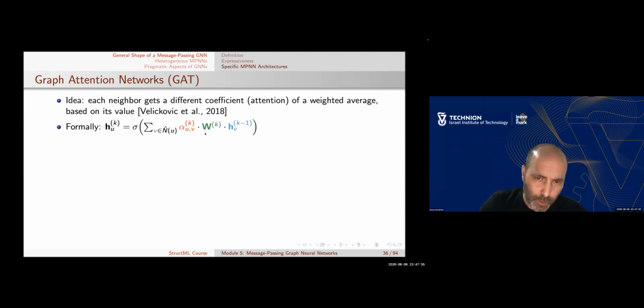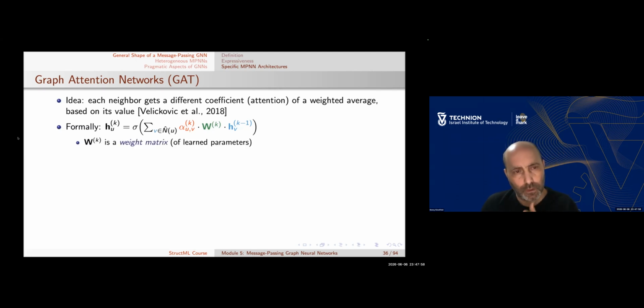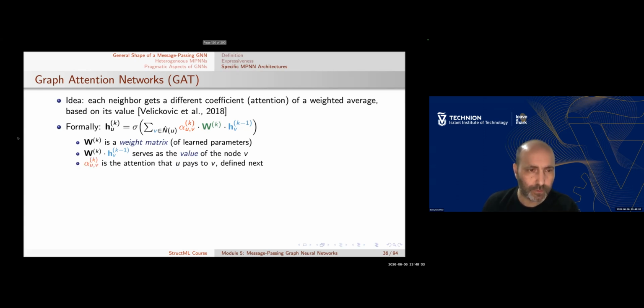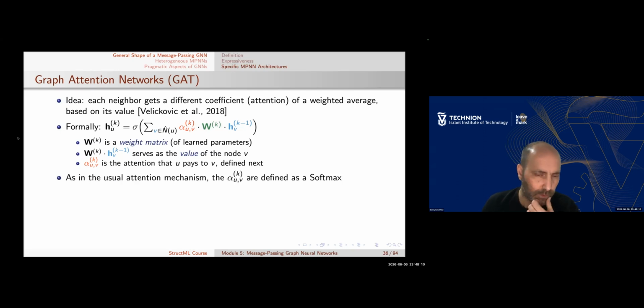For each one, this is basically the value, W^k times the value of the previous layer, h_v^(k-1). So this is our value, and this is the coefficient of the value, alpha_uv^k. This is a scalar. On top of that, we apply an activation. So W^k is the weight matrix, W^k h_v is the value of the node V, and alpha_uv^k is the amount of attention, which we define next.